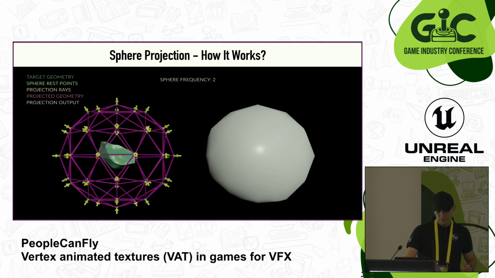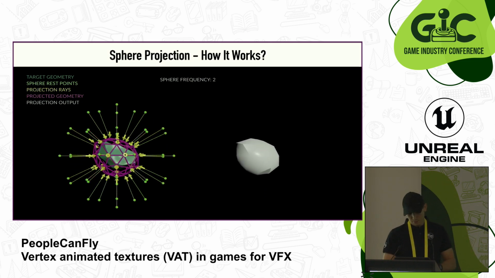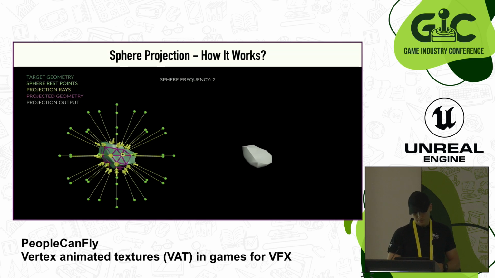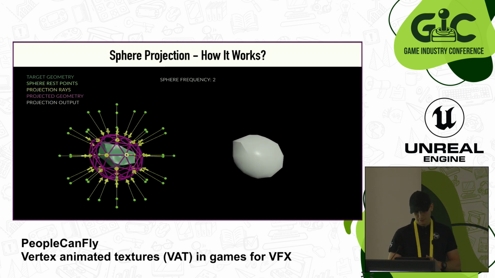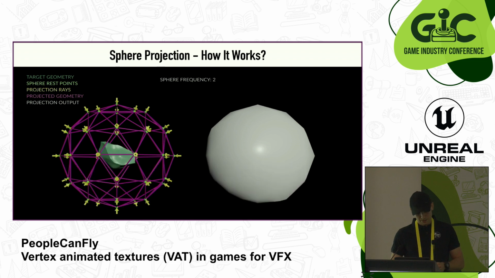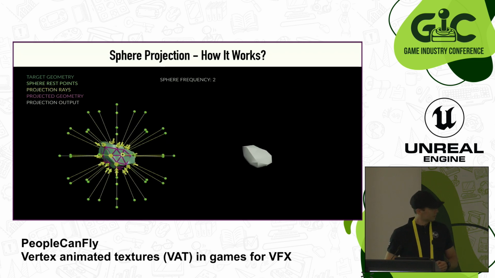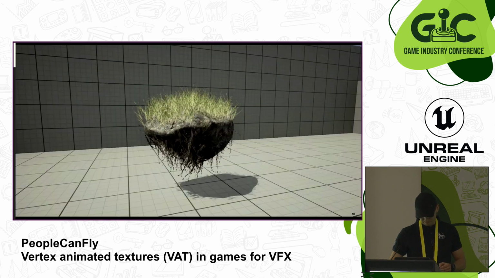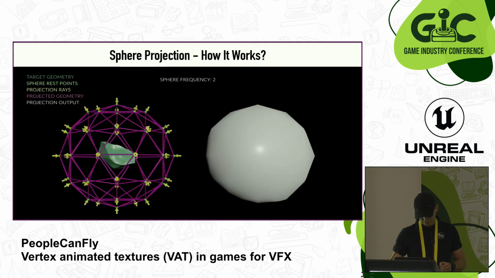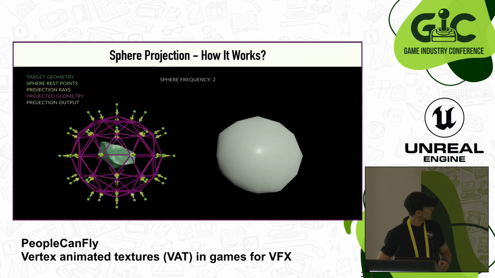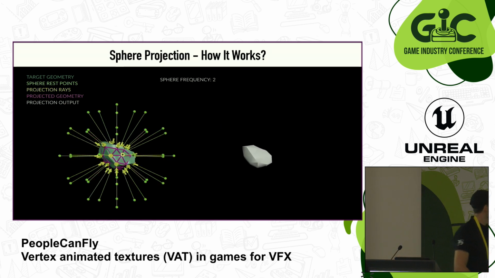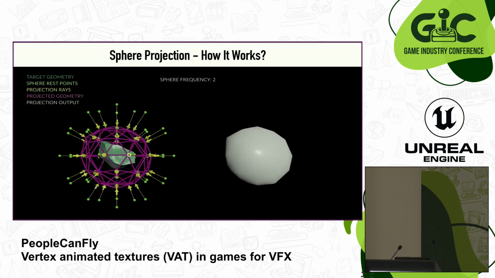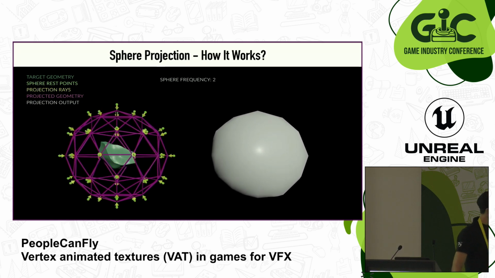Basically, we're using a sphere projection technique where each piece of a fractured geometry is built from a sphere that is projected on that particular mesh. I can play the video actually. And here you can see, basically, it looks like this: we have a sphere that is marked in purple color here.